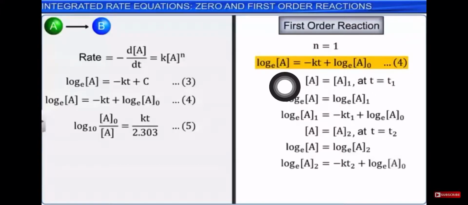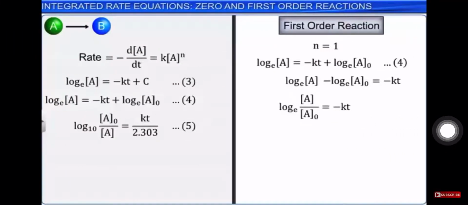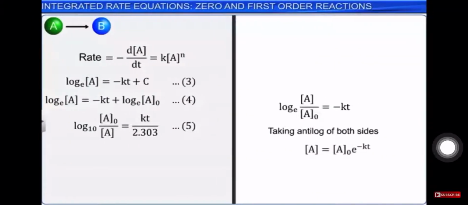According to this equation, for mathematical operations like numericals we use this formula, but in order to plot the graph we need to rearrange the terms again. We get the same thing by taking an anti-log, that is A is equal to A0 e raised to minus KT.